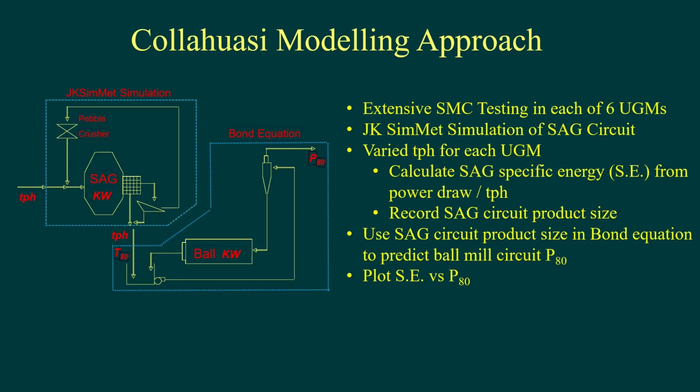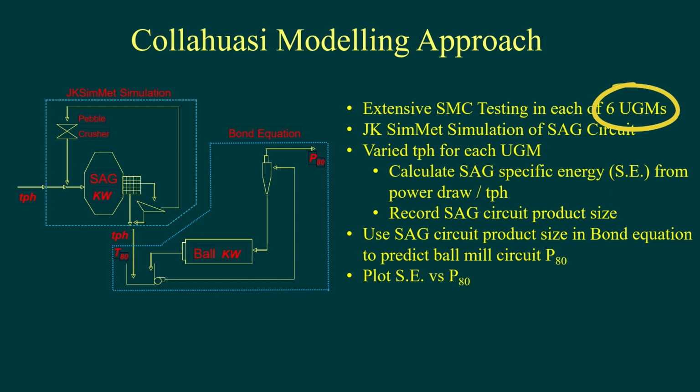What the Collahuasi team did was to initially develop a JK SimMet simulation model of the SAG mill circuit. And that's that blue box there. And they ran lots and lots and lots of simulations based on hardness data from each of their 6 UGMs.